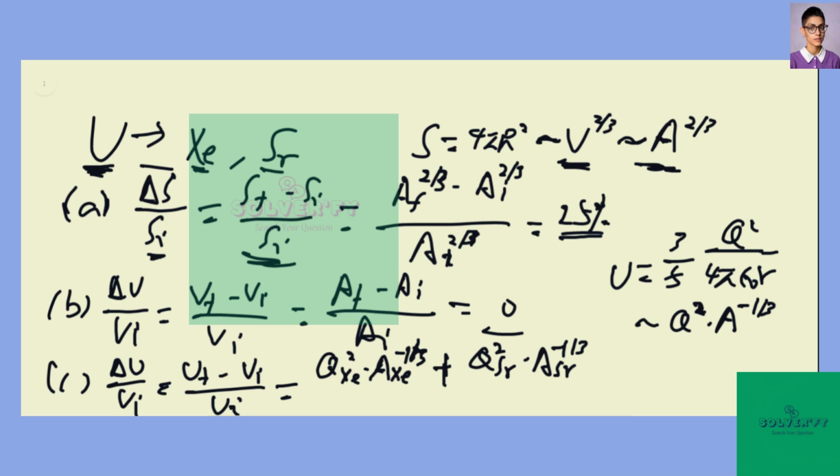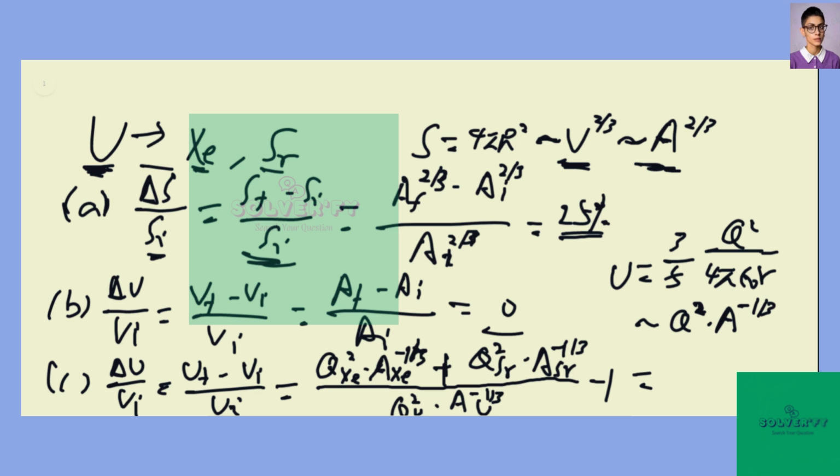So we have these two, and we divide by the potential energy of the initial uranium atom, which is Q U squared times A U to the power negative 1 over 3, and minus 1.